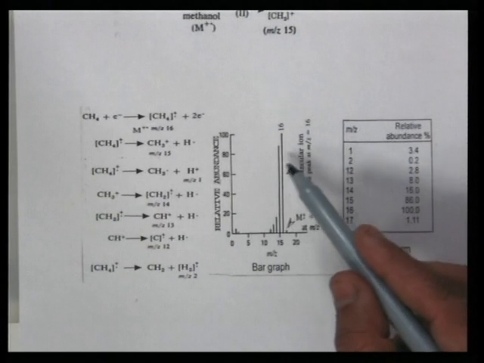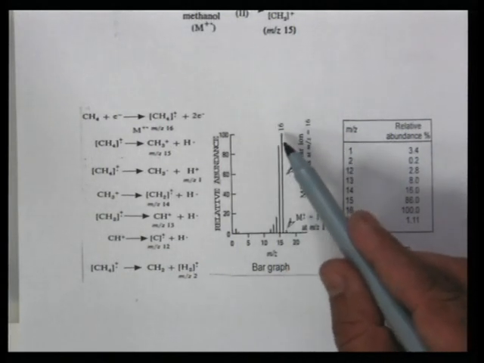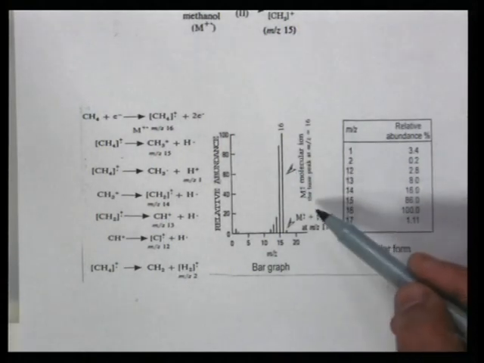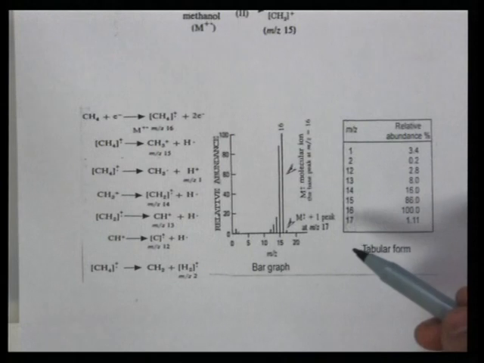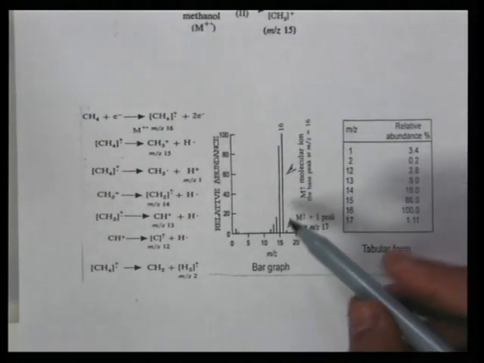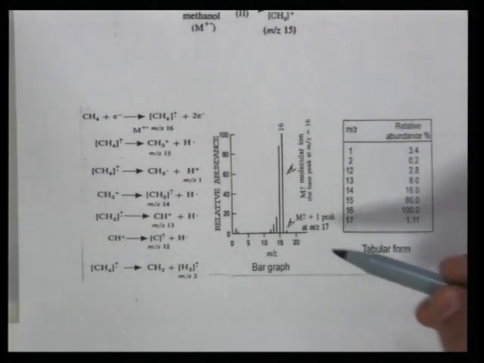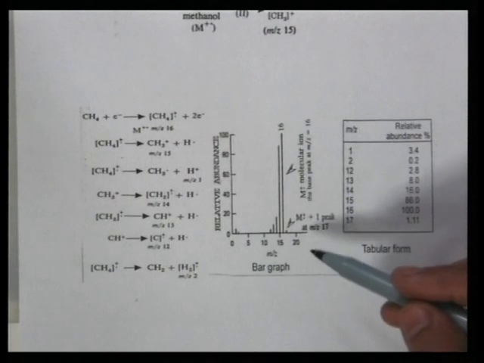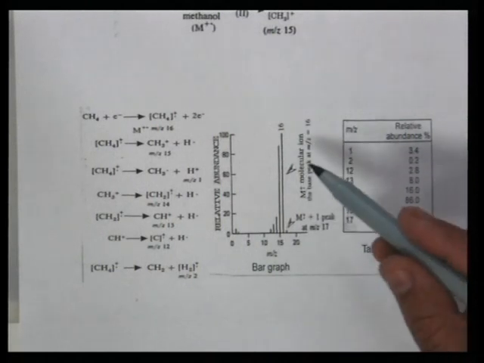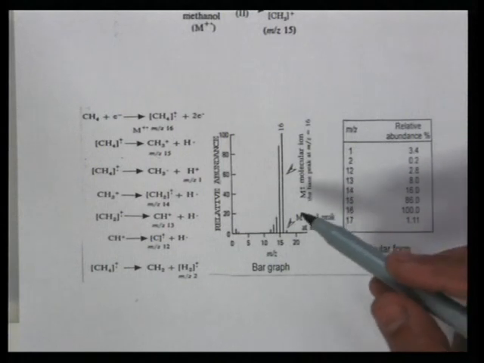This peak at M by Z 16 has the highest intensity, 100%, and it is also the base peak. In some compounds the molecular ion may be the base peak, but it is not always true. Base peak and molecular ion are different in the methanol molecule, but here they are the same. If the molecular ion has higher stability, then it is the base peak and also the molecular ion peak.